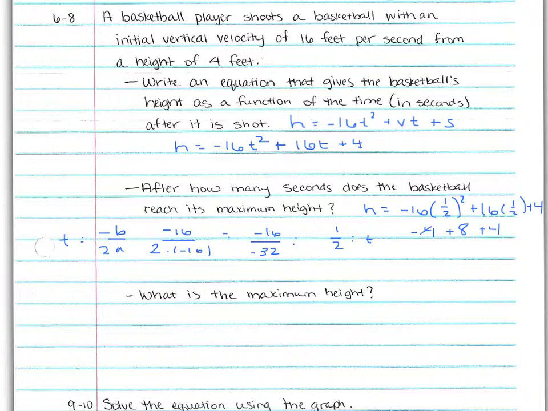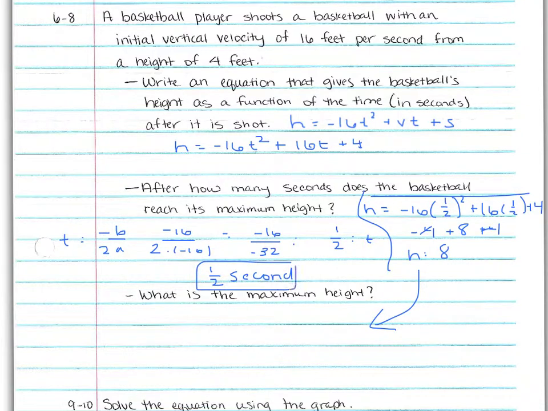Well, the 4's actually cancel each other out, so we get that h equals 8. So it says, after how many seconds does the basketball reach its maximum height? We actually didn't need to find the h for that, but the maximum height actually goes with this part of the problem. After how many seconds? It's 1/2 second. And then its maximum height is 8 feet.